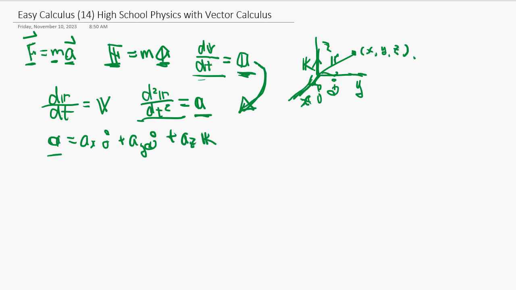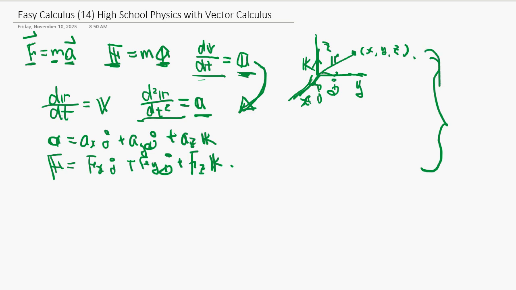And F is the same thing: F equals fxi plus fyj plus fzk. So you're doing three different directions in the 3D world, each direction independently, taking differentiation with respect to time. So you get F equals ma. This is a total summary of Newton mechanics. Okay.